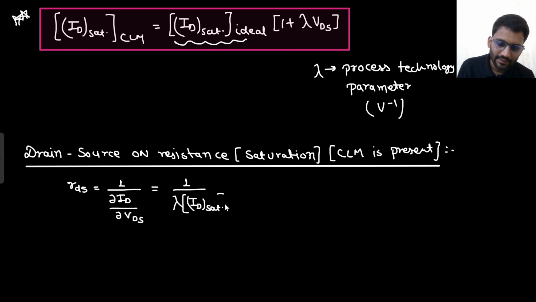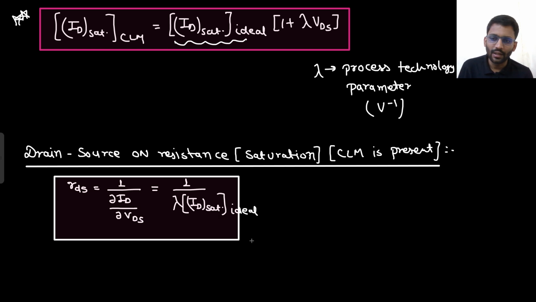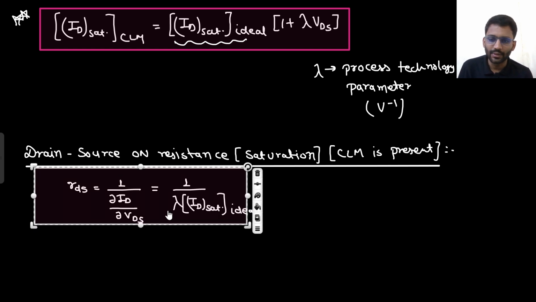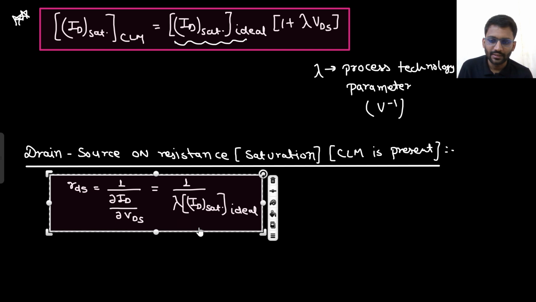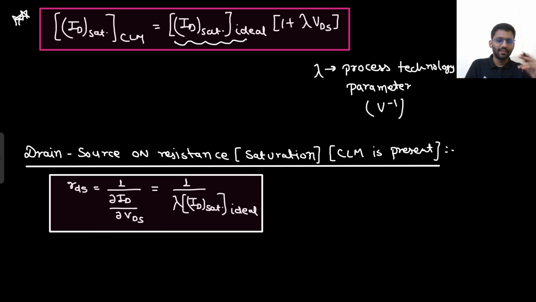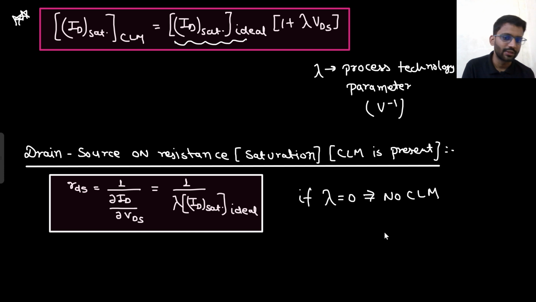This is for the ideal case. So if they ask you the RDS value, the output resistance in saturation region, the output resistance of MOS, what will you do? 1 upon lambda IDS, that's it. And if lambda is 0, that means no channel length modulation, and then your R0 will be infinity.